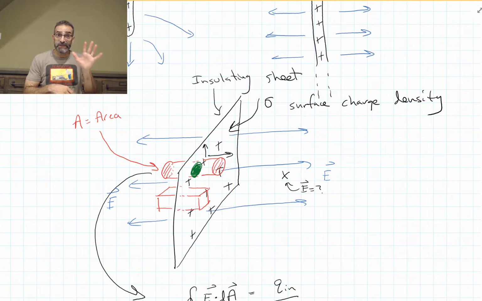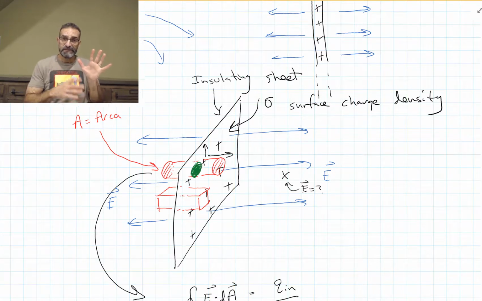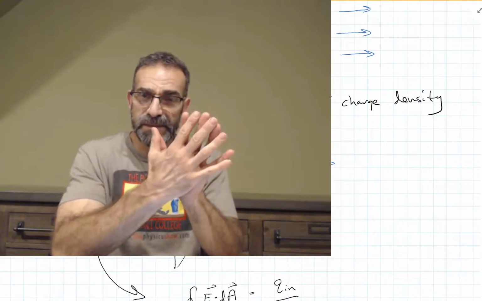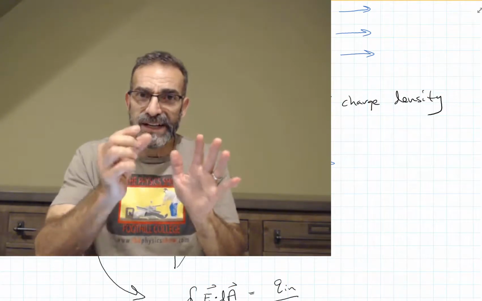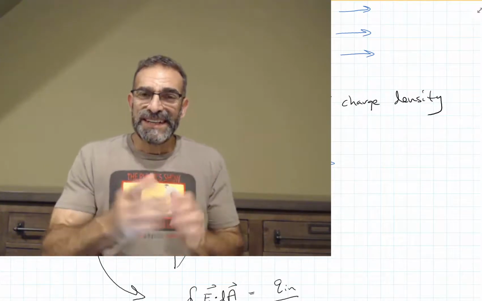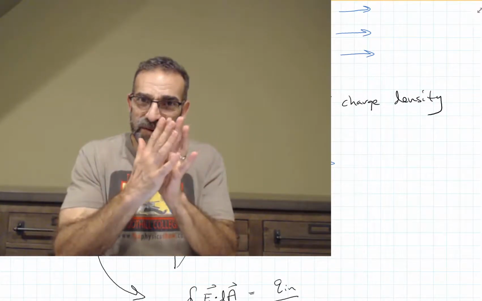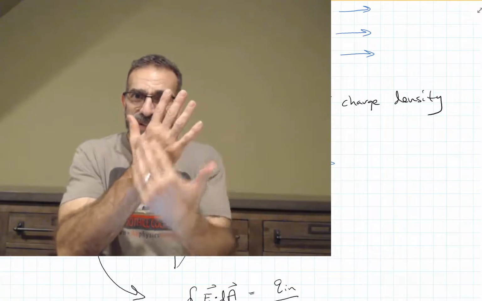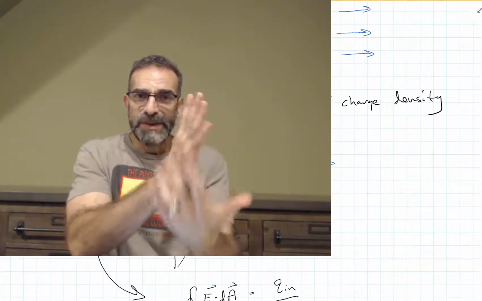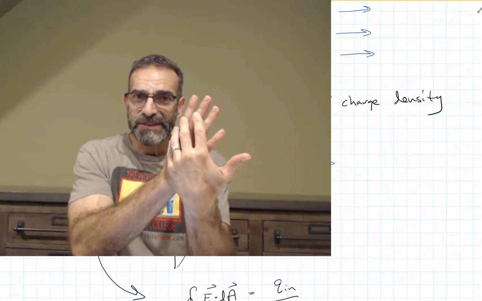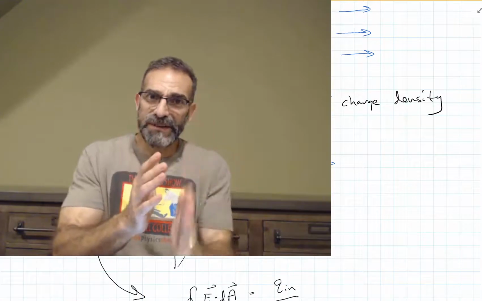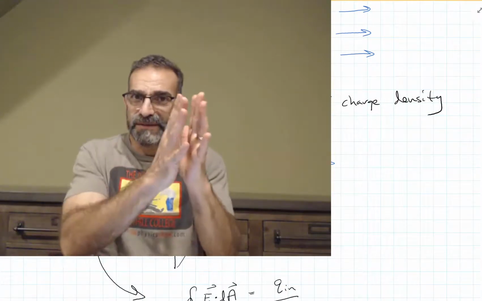It's a little more complicated when this sheet is a conductor, because when you put the charge on that surface, it doesn't stay there. You can't have a conductor that's so thin there's only one side to it. No matter how thin you make your conductor, there's always a face on one side and a face on the other side. And when you put that charge on the conductive surface, it's going to split. Half of it's going to go to one face and half of it's going to go to the other face.